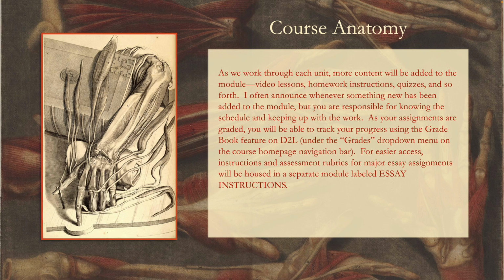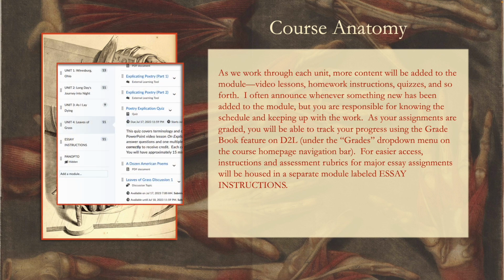This is under the Grades drop-down menu on the course homepage navigation bar. For easier access, instructions and assessment rubrics for major essay assignments will be housed in a separate module labeled Essay Instructions. So here I pointed to a video. Here's a quiz. This is what you'll see in a typical module.